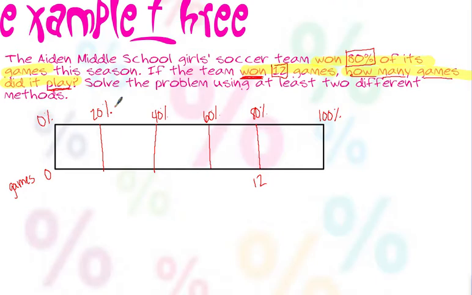Right, so now I'm trying to figure out if 12 is 80%, then how much is 100%? Well, part of the problem is here, if I don't have that last piece, it's really hard for me to figure out what each section is worth.